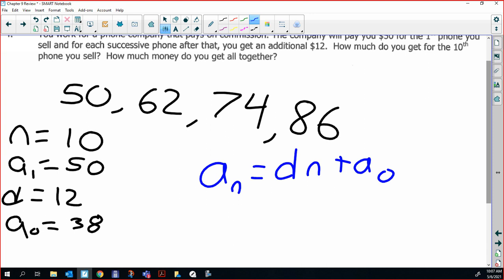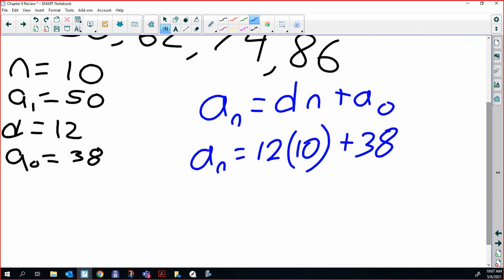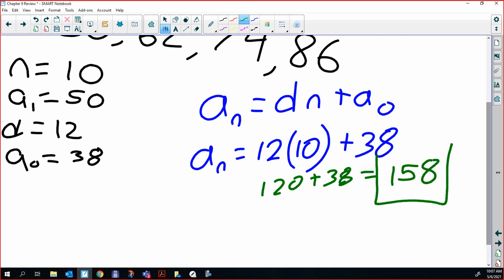So A sub n equals, D is 12, n is 10, A0 is 38. $120 plus 38, $158. So if you sell 10 phones according to this business model, the 10th phone that you sell, you made $158.